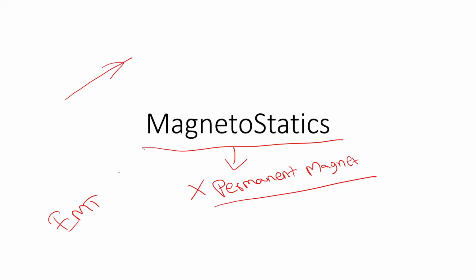We would see what would happen if the current is not static, not steady, if it is varying with time in the subsequent modules. But for the current module, we would limit our discussion to constant time independent magnetic fields.